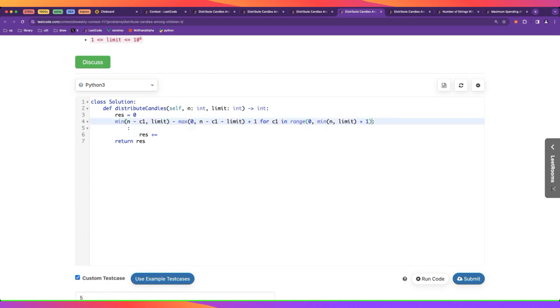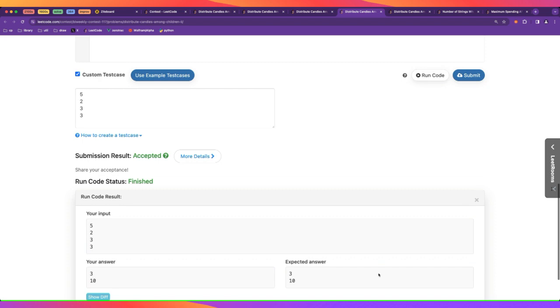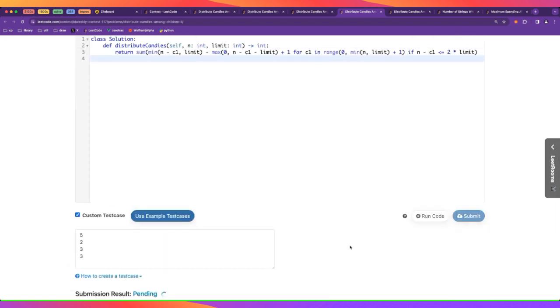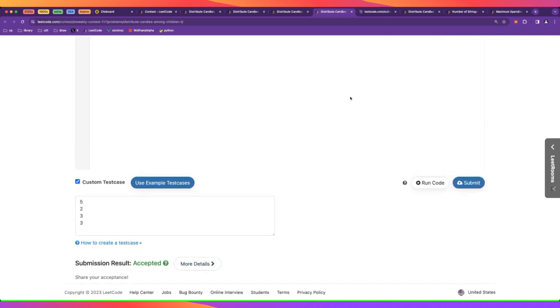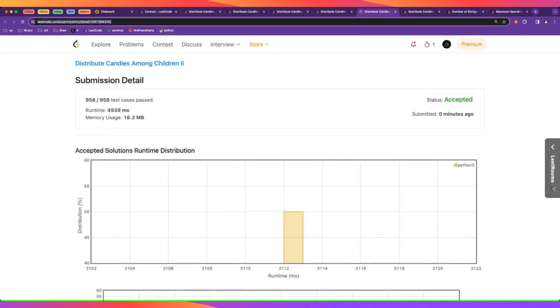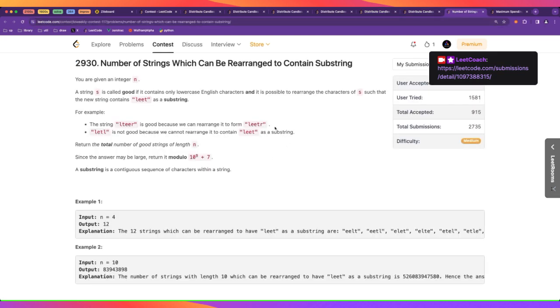So you can usually do this mechanically. And yes, this is another way of writing the same code, the same algorithm. Okay, so let's move on to question 3.